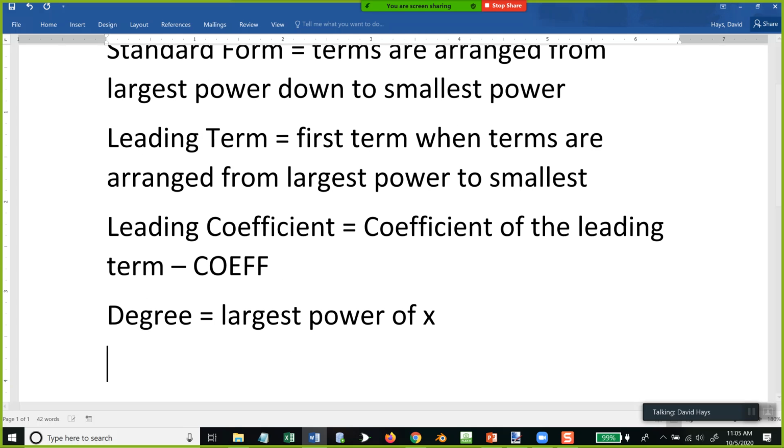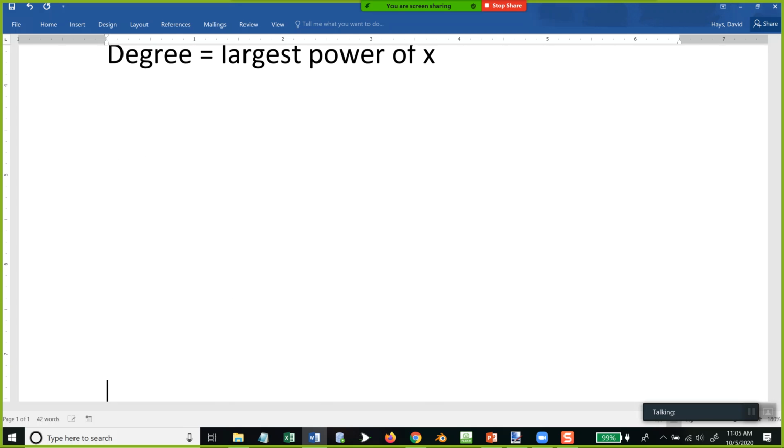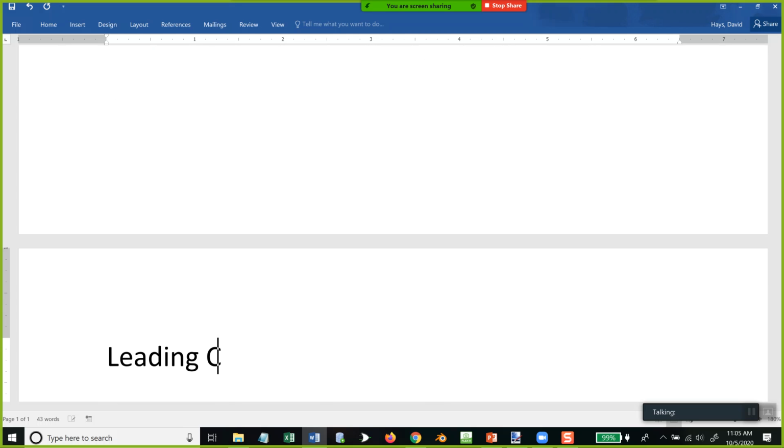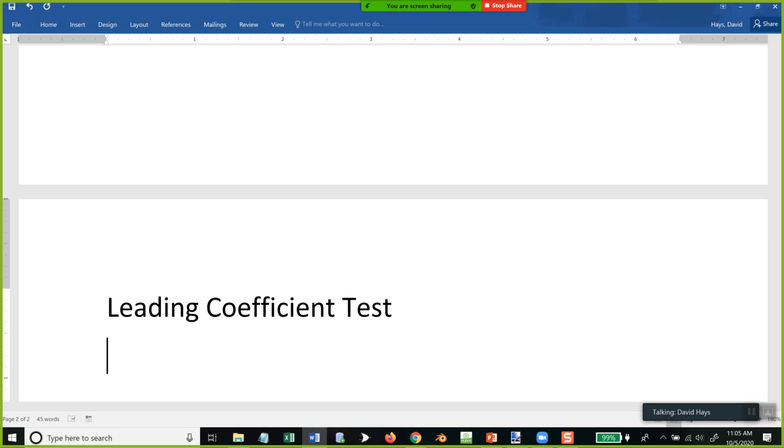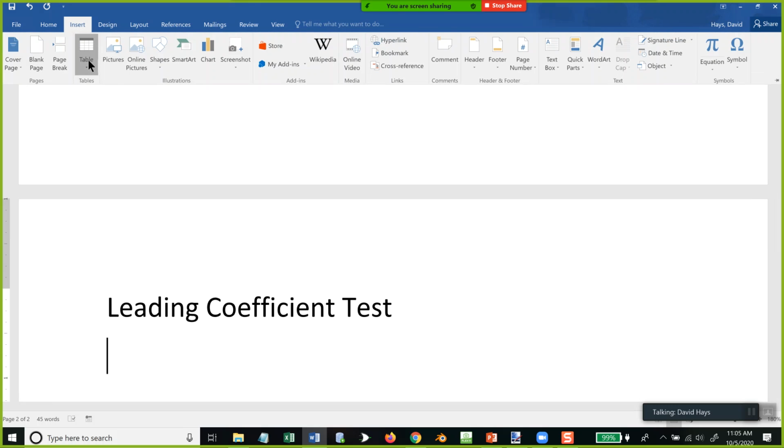So for our leading coefficient test, this is a test. It tells us what our graph is doing as it goes clear to the left, what it's doing as it goes clear to the right.